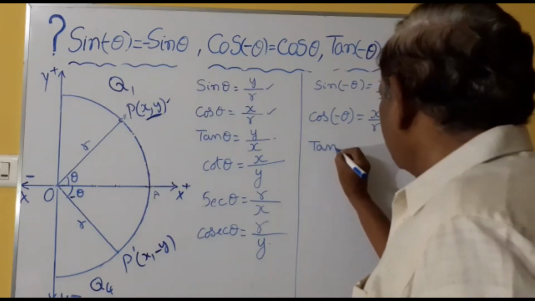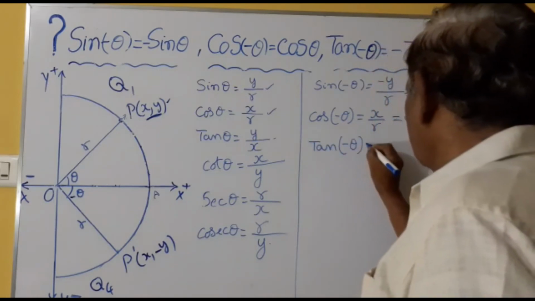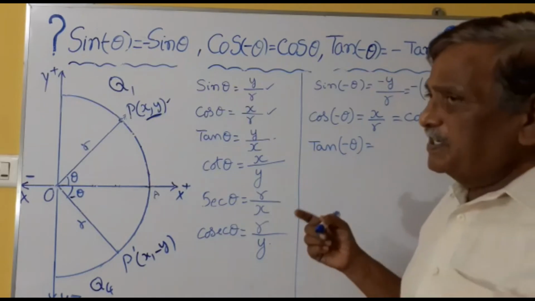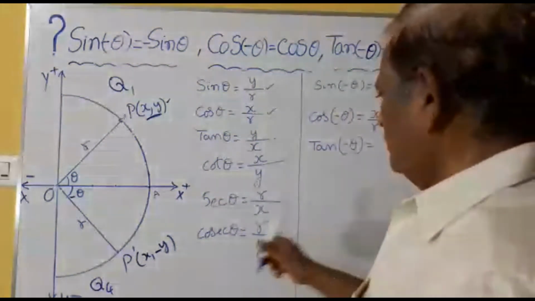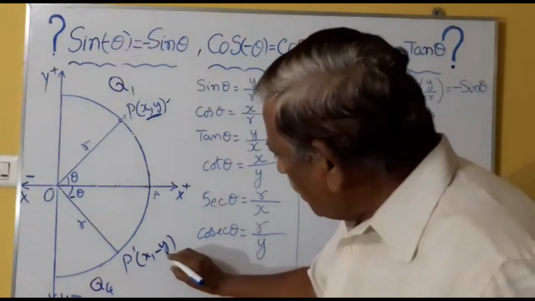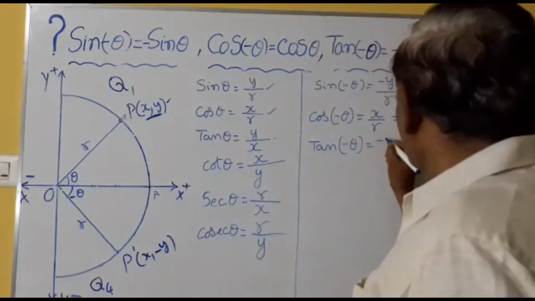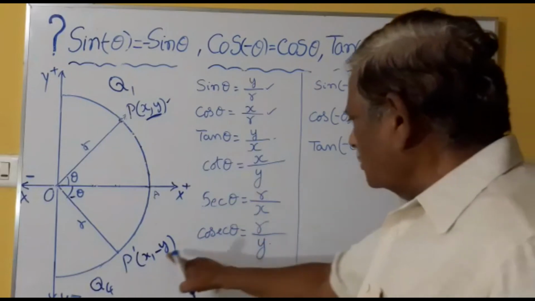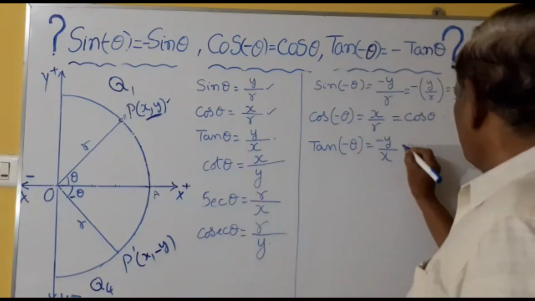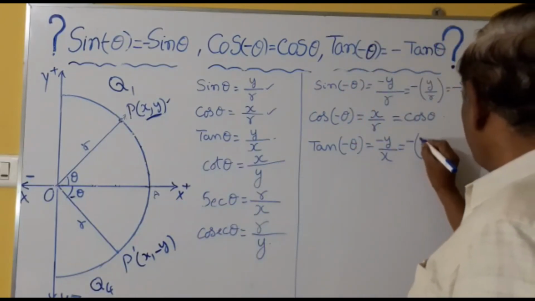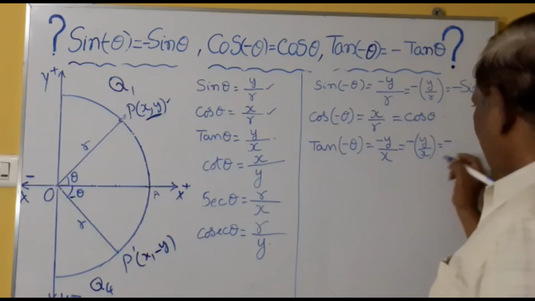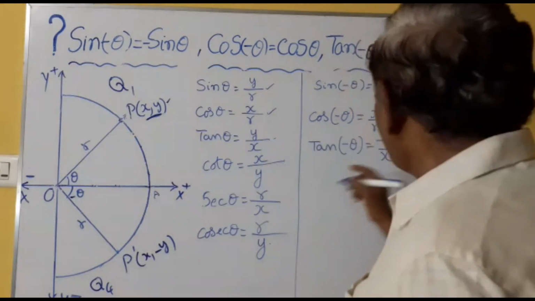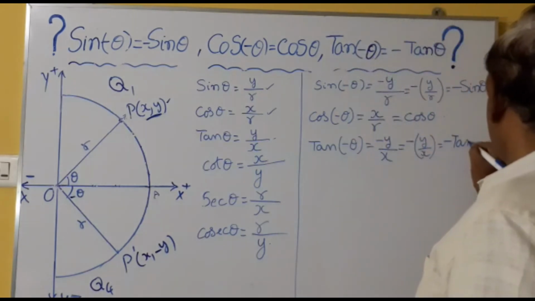Tan minus theta equal to, what is the definition of tan? Y coordinate by x coordinate of the point. Y coordinate minus y by x coordinate x. This equal to minus of y by x. What is y by x? Tan theta. Therefore, minus tan theta.